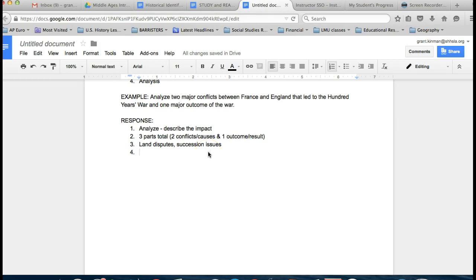Land disputes, England owns former French land, French territories. That's an issue. Then we got Charles IV dies.